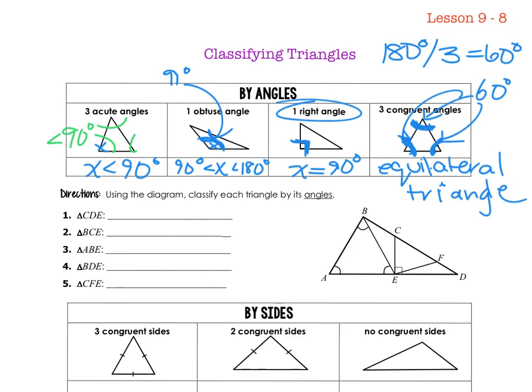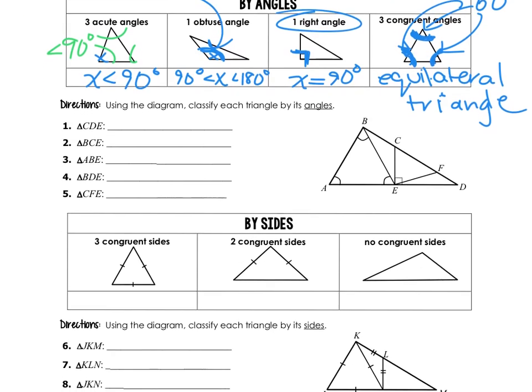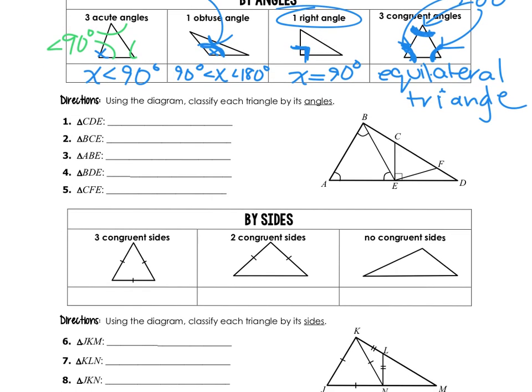That's an equilateral triangle. Okay, so we got our definitions for acute, obtuse, and right. Those are the different kinds of angles we can be talking about. So now we're going to use the diagram to classify each triangle by its angles, whether it's acute, obtuse, or right, or if they're all congruent.